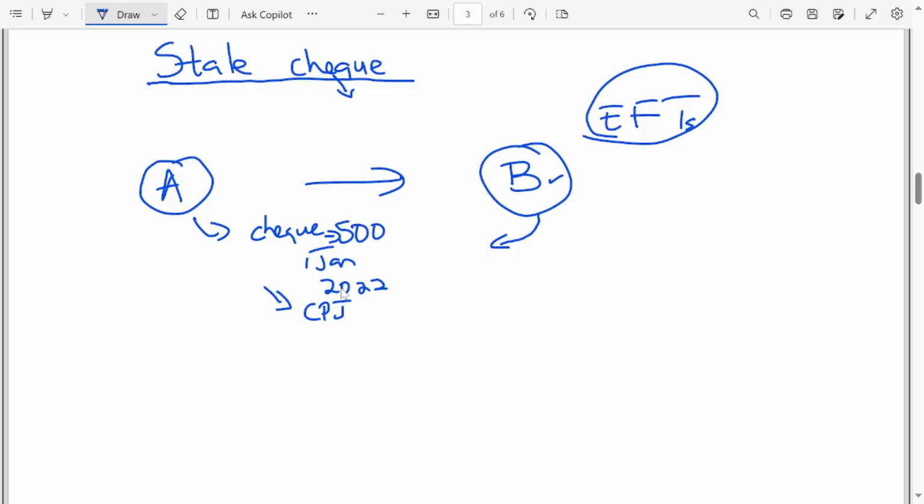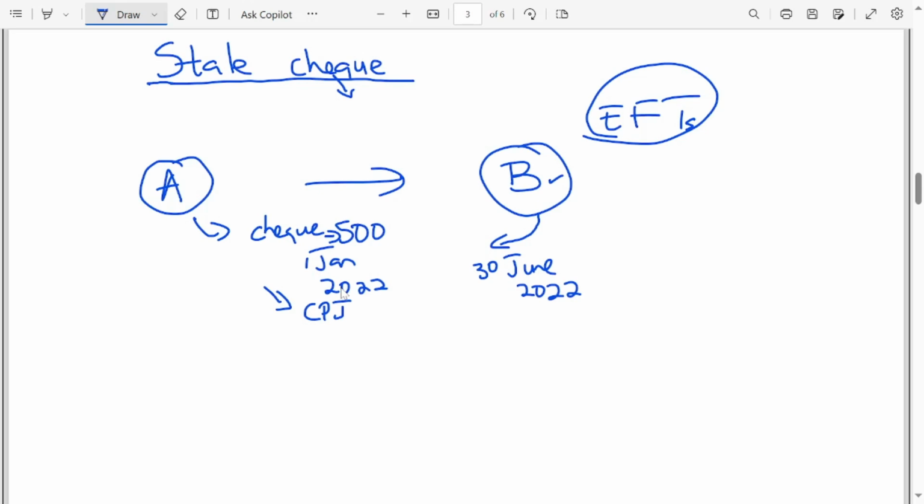Now let's say business B stays up until 8 June 2022 and still has not gone to the bank to draw this check or take the money from it.